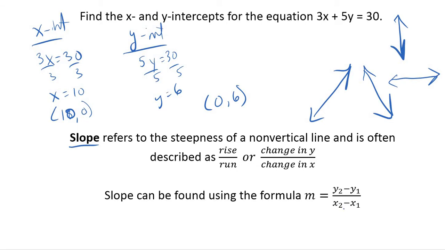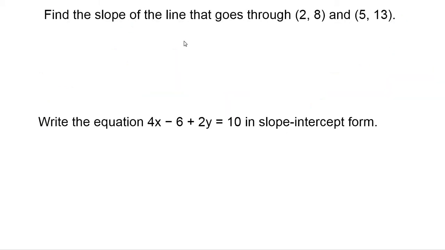Okay, and again, you've done this before. Let's just do a quick example. Find the slope of the line that goes through these 2 points. Now it doesn't matter which one you start with, okay? I'm going to do this one. So let's do 13. So my slope is 13 minus 8, y value minus y value, over 5 minus 2.